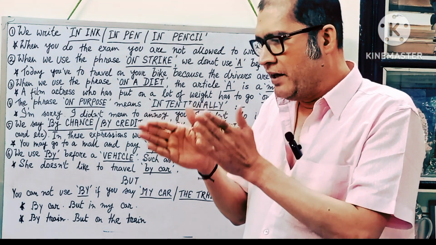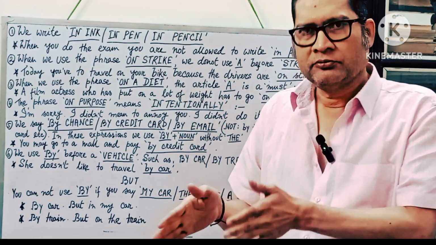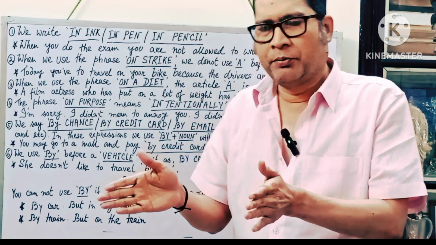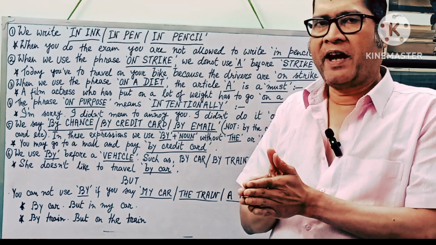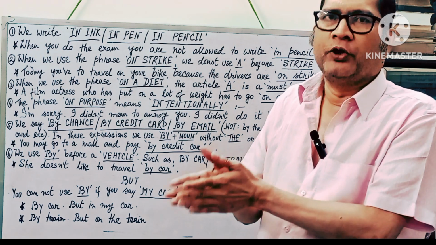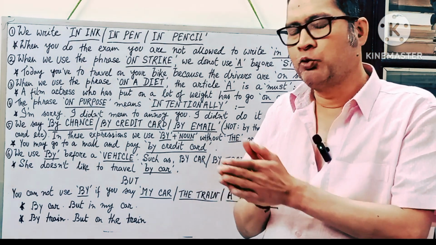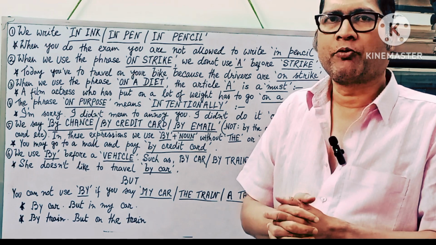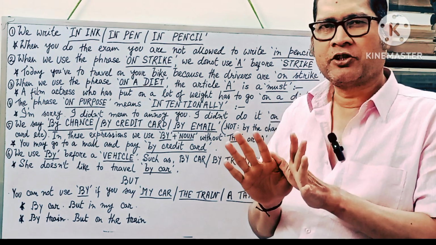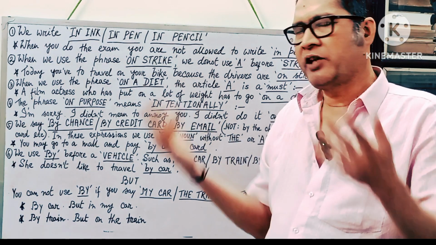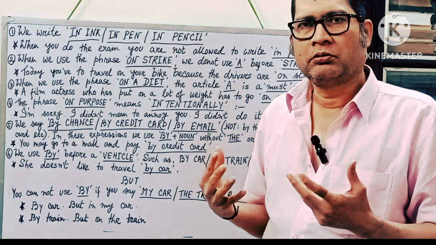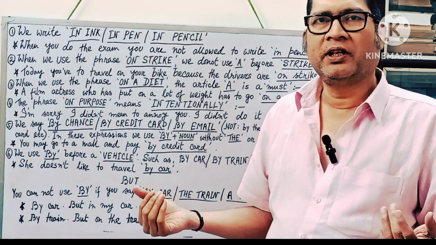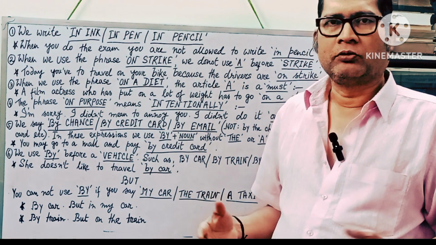Though in the latter day English, these days, I have seen people using by in spite of the fact that they are using a two-wheeler. Before a two-wheeler, we generally use the preposition on. By is not good English. By my cycle, I will go there is not very good. So on. Before the two-wheelers, we use on.